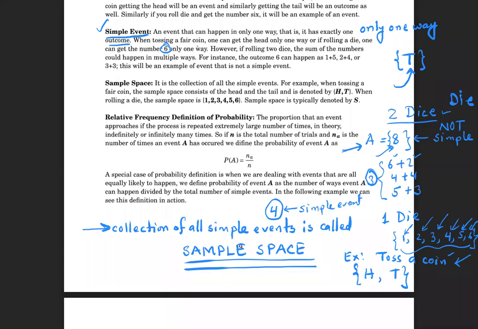Once again, toss a coin. Getting a head is a simple event because it cannot happen in multiple ways. Getting a tail is a simple event because getting a tail cannot happen in more than one way. Together, they create the sample space because these are the only things that could happen when you toss a coin.